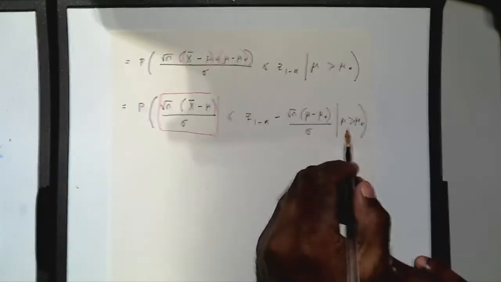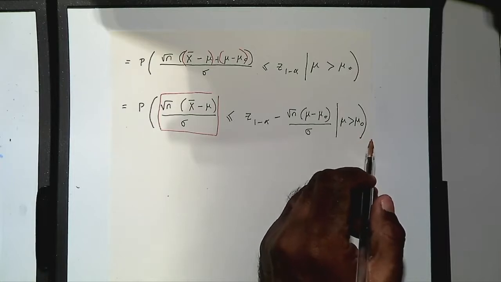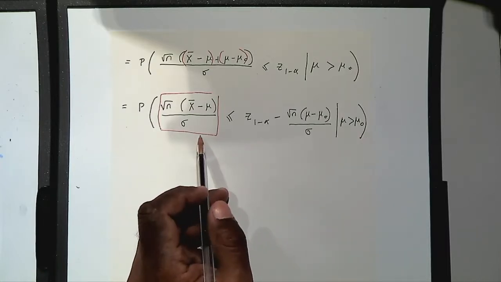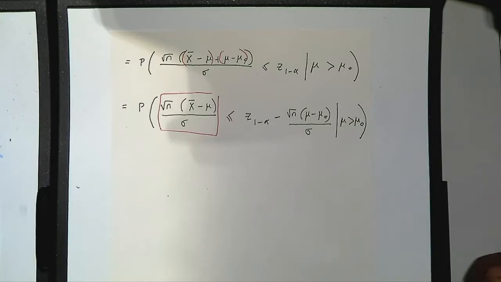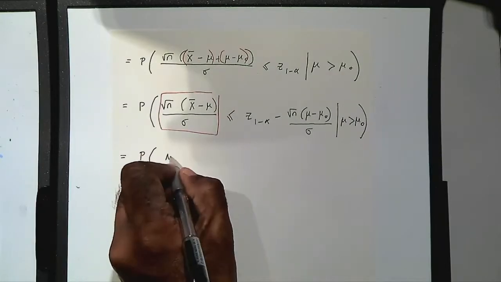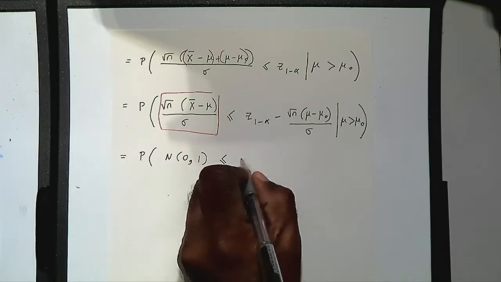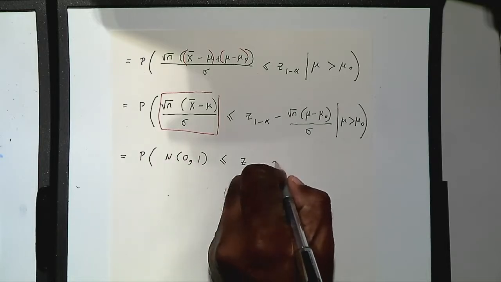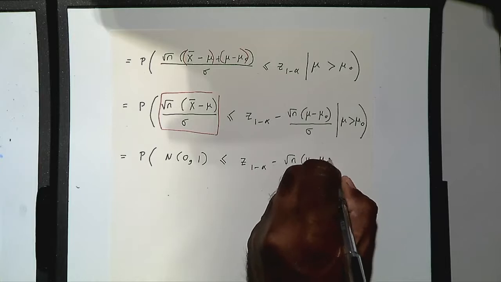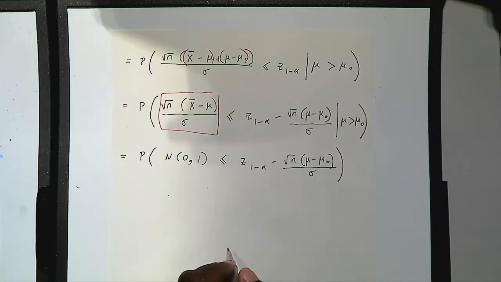because we are conditioning on the fact that mu greater than mu 0 is the true population mean, this must have a standard normal distribution, right? So what you have here is the probability that, okay.